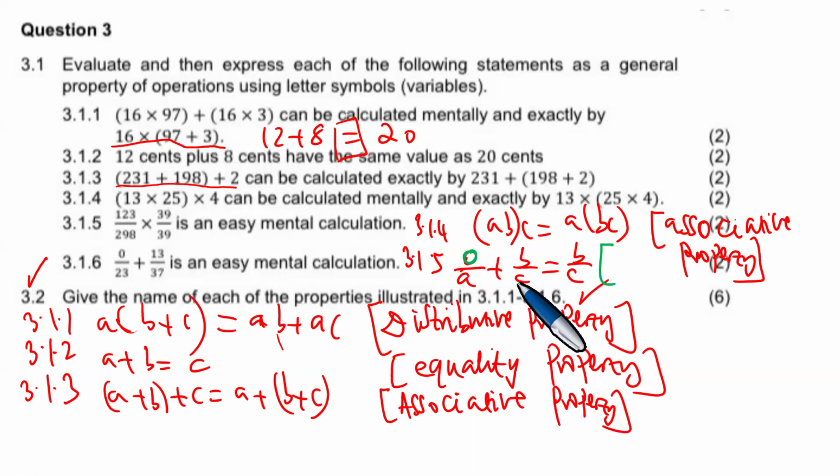If you add 0 plus whatever, and you get a number, 0 itself is an additive identity, because what we're going to get here is 0 plus B over C, which is B over C. So the property is the 0 itself as an additive identity.